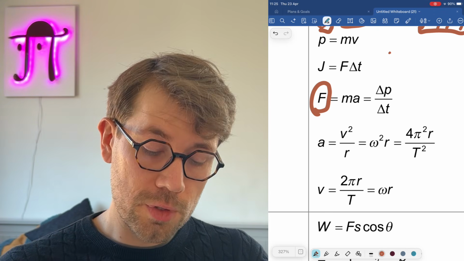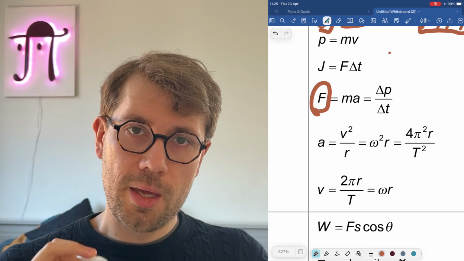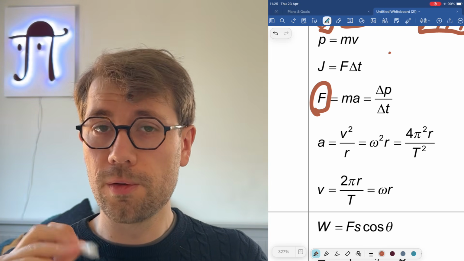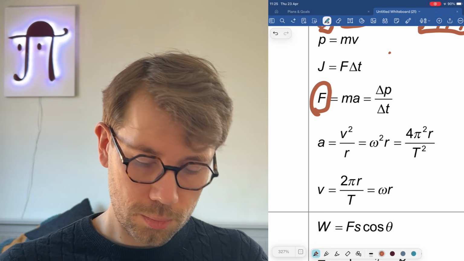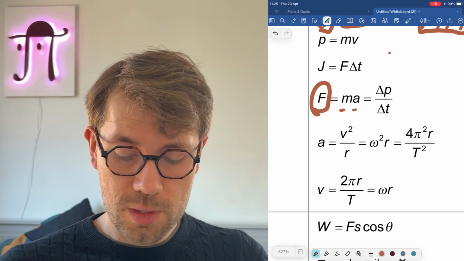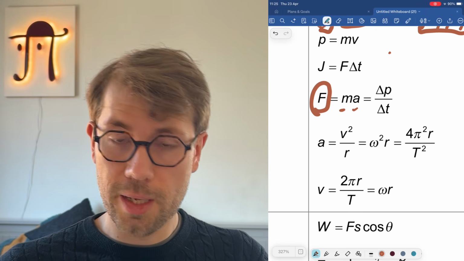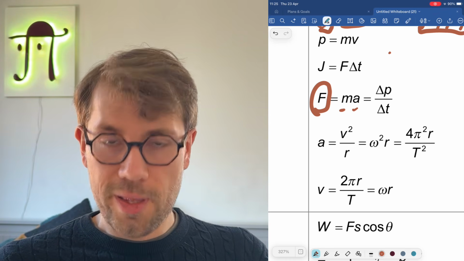F stands for resultant force. It's the sum of all the forces acting on an object. And if you remember that, then you won't make the mistakes that the IB is trying to make you make. You won't fall into their traps. After that, that's pretty simple. Mass, acceleration, change in momentum over change in time. And that'd be change in time while that force is acting.